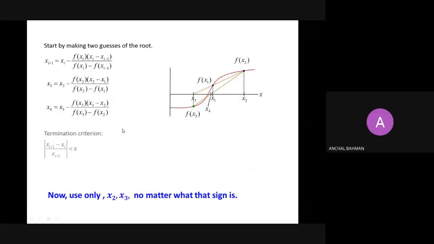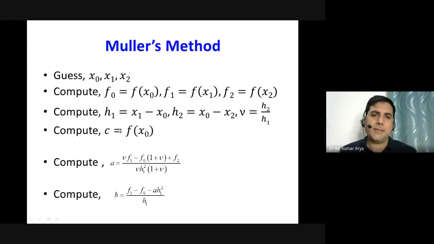Yes, sir. So the next method is Muller's method. In this, you are guessing three values. Previously, you were guessing two, somewhere one. So you have taken x0, x1, x2, three values you have guessed, no matter whether they are plus or minus.